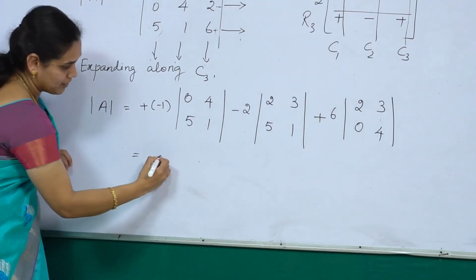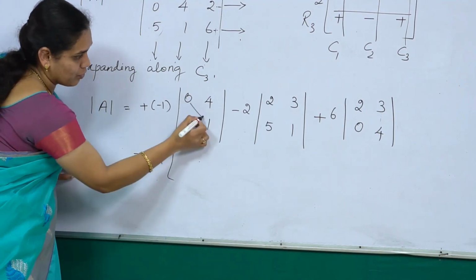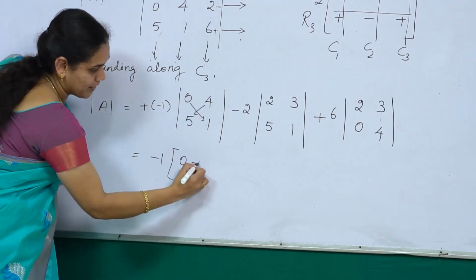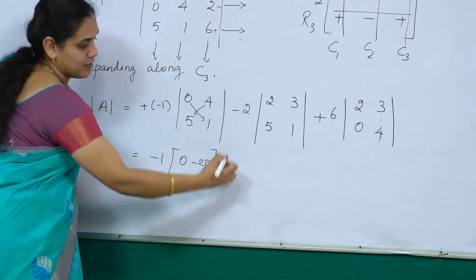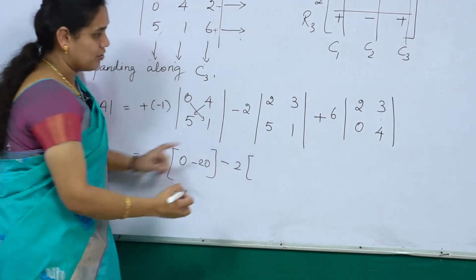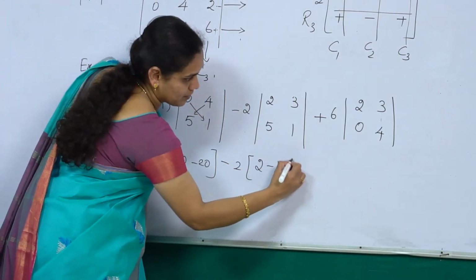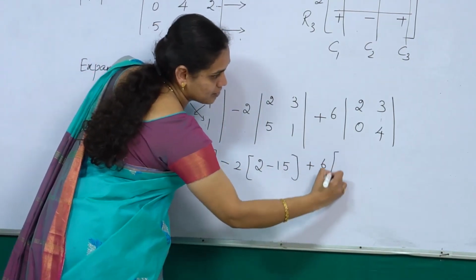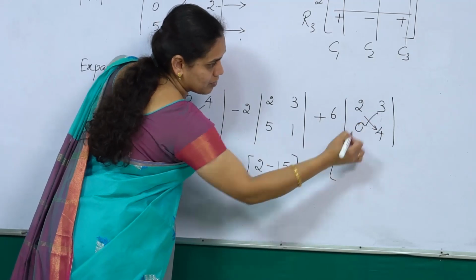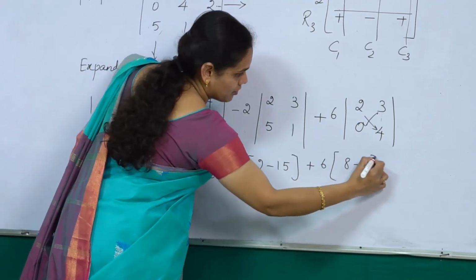So here minus 1 into, if you cross multiply, we get 0 minus 20. And then here minus 2 into 2 minus 15. Then plus 6 into, if we multiply cross, 8 minus 0.